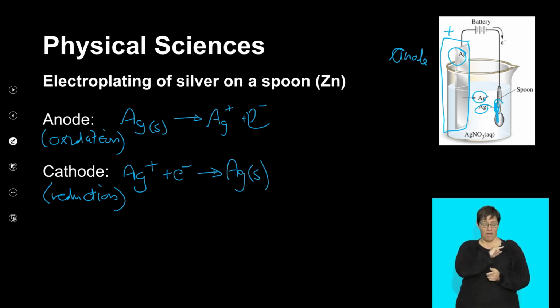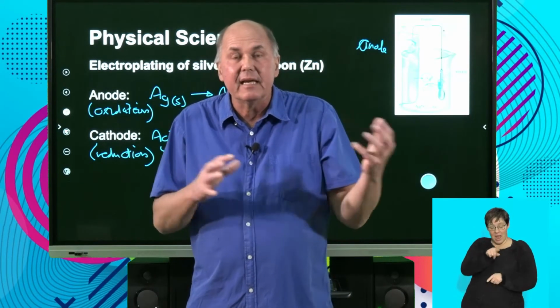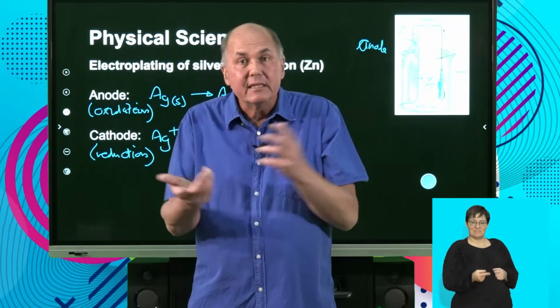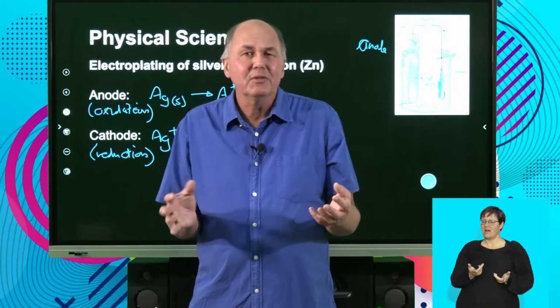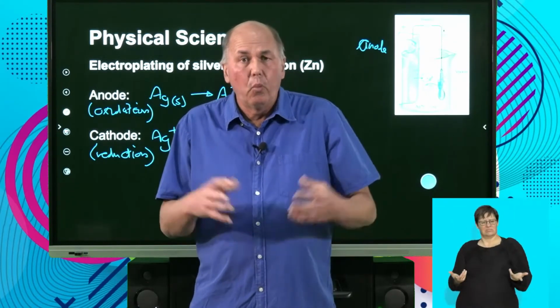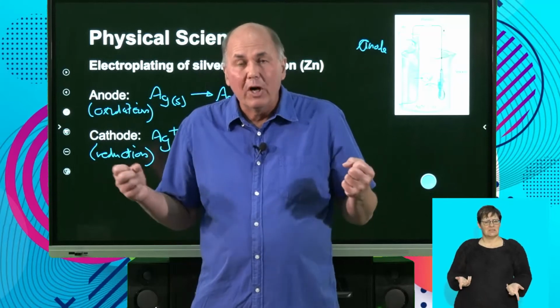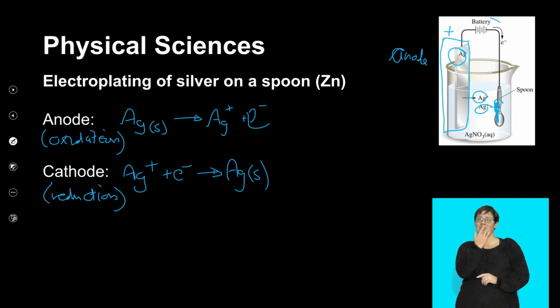The one is oxidation, and of the same elements, the same ions and atoms, we're getting the reverse reaction happening at the other electrode. So you must say to me, so what makes something do and undo? What's the secret of this? What drives the reaction? Well, the critical thing to recognize, it's the battery.